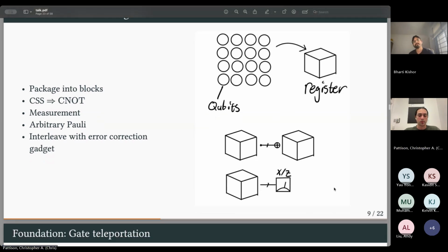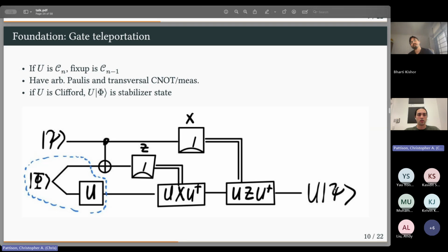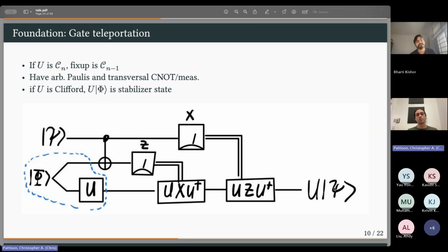Okay, great. Another piece that we need is gate teleportation, which goes back to the 90s.